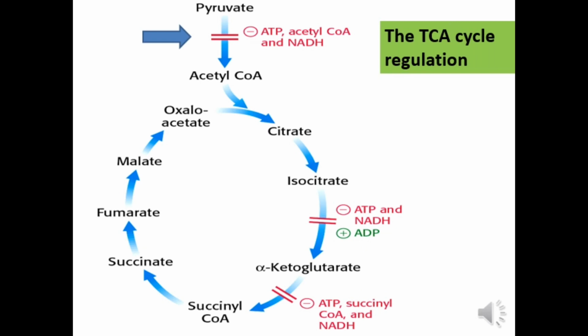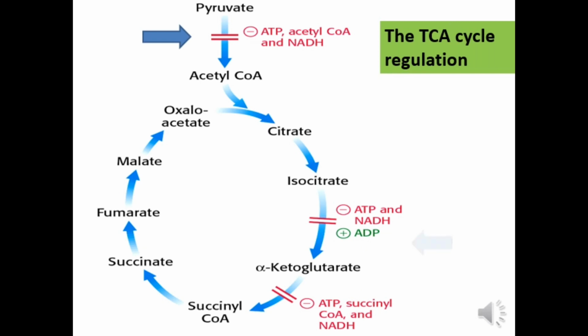A circle with positive means activation. The aim of this reaction is production of energy. When there is enough energy, this will cause feedback inhibition of this enzyme. Also acetyl-CoA, because it is the end product, as this enzyme converts pyruvate into acetyl-CoA.